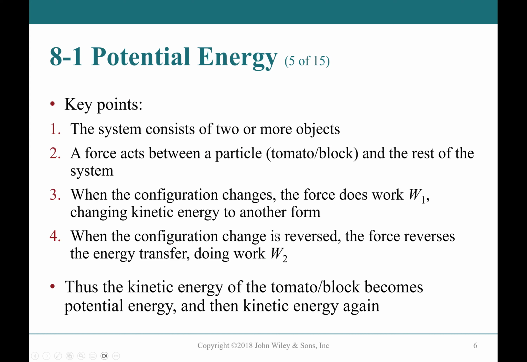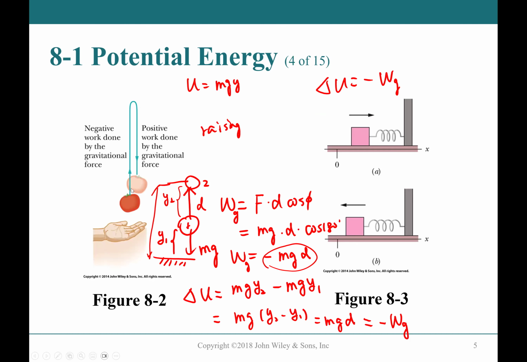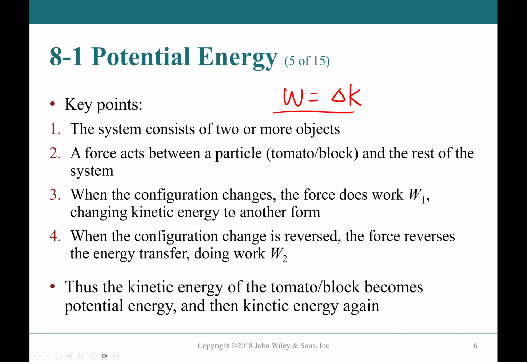So we have work. Remember, work also equals the change of kinetic energy. I don't know if you remember that from our previous class. Work equals the change of kinetic energy. So here, the gravitational force is doing work, and that's why we will have a change of kinetic energy.